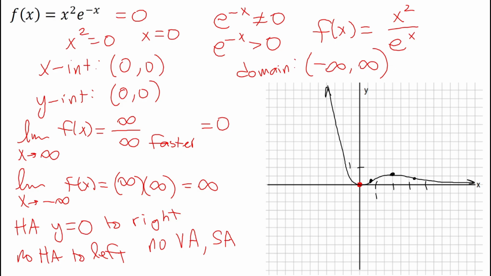And now that we look at our graph, we can see that our range is from a lowest value of 0, which we do hit at 0, 0, even though we don't hit it at the horizontal asymptote, and it goes up towards infinity. And that is everything for that graph.